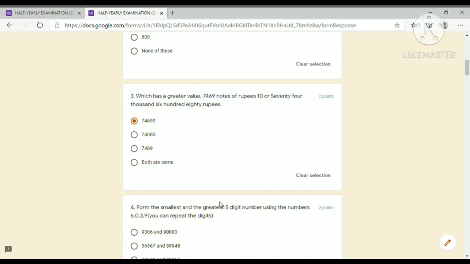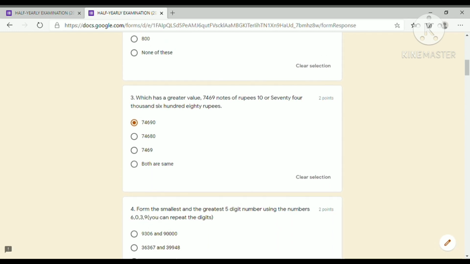And if we form the greatest 5-digit number, what will be the correct option? The greatest digit here is 9. So we can repeat the greatest digit as many times as possible. If we repeat it 2 times, 9, 9. What is the next smaller digit? 6. The next smaller digit is 3 and the last digit is 0. So it becomes 99630.